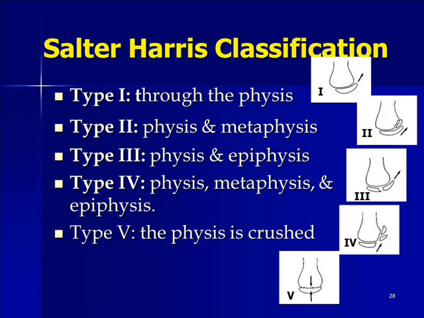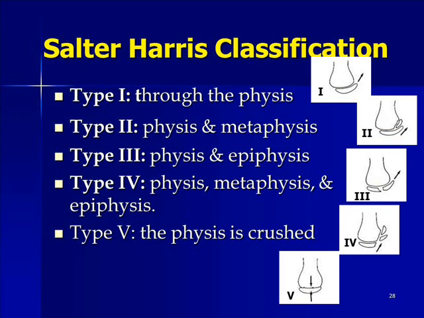And this is the Salter-Harris classification. Type 1 is only a slip through the growing plate. Type 2, there is, besides injury to the growing plate, also a fracture of the metaphysis as shown in the diagram. Type 3, we have the epiphysis and the physis, that is the growth plate, affected. Type 4, both the epiphysis and metaphysis are affected.